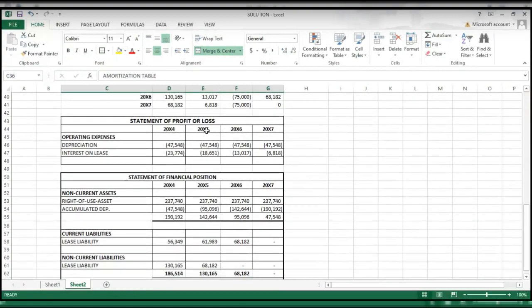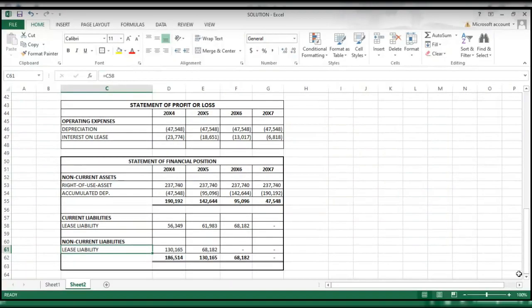And so our statement of profit or loss, we only carry the depreciation charges and the interest on lease, and then our statement of financial position will deal with the non-current asset, the right of use asset, less accumulated depreciation, and we have this balance as the carrying amount of the asset. And then we have our lease liabilities split to both current and non-current elements, and we have it here. That is the financial statement extract that we are required in the question to work on.